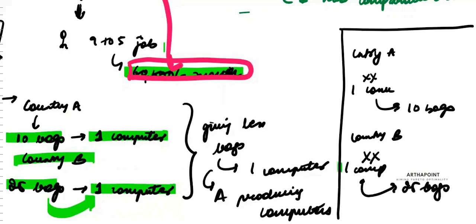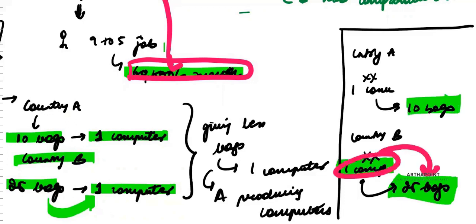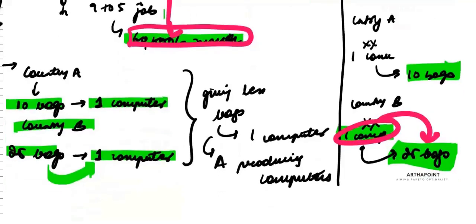So by giving up 1 computer, country B can produce 25 bags. Country A can produce only 10 bags. So B should produce bags.